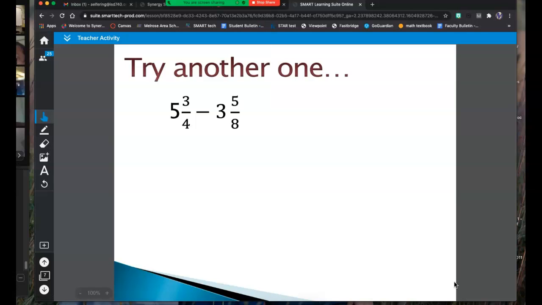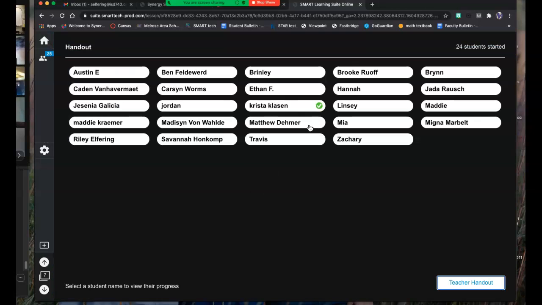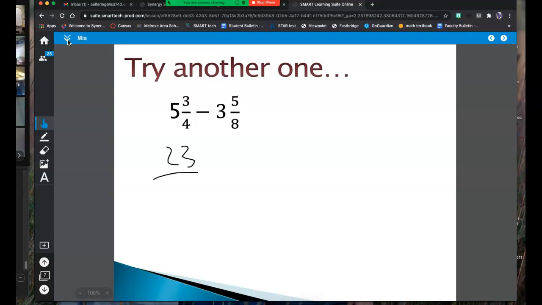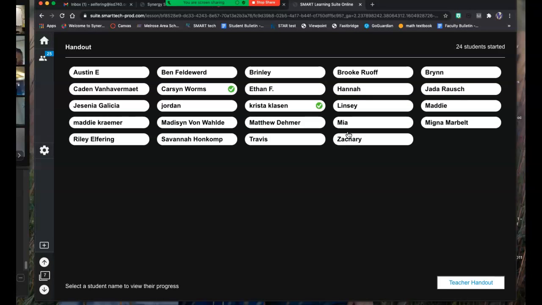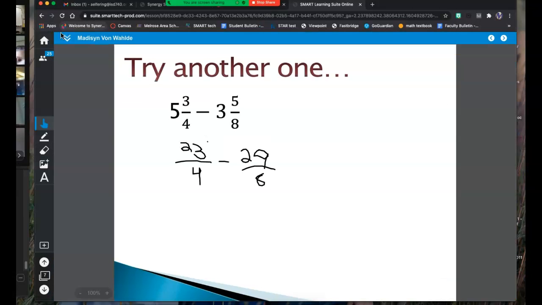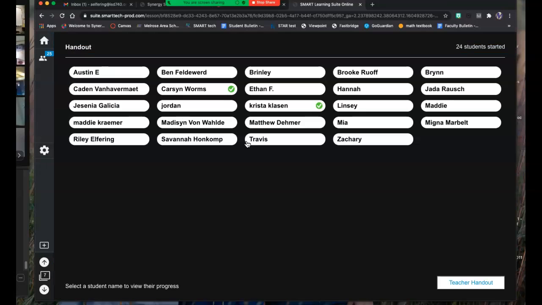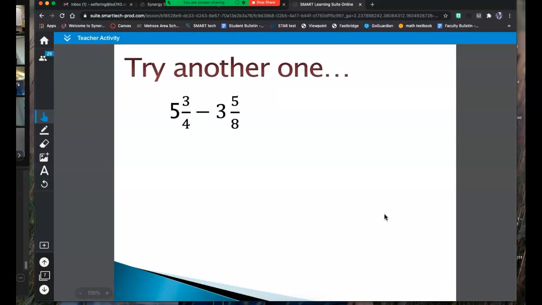So before you do anything else, write everything as an improper fraction. So Travis, you should be writing something on your screen right now.